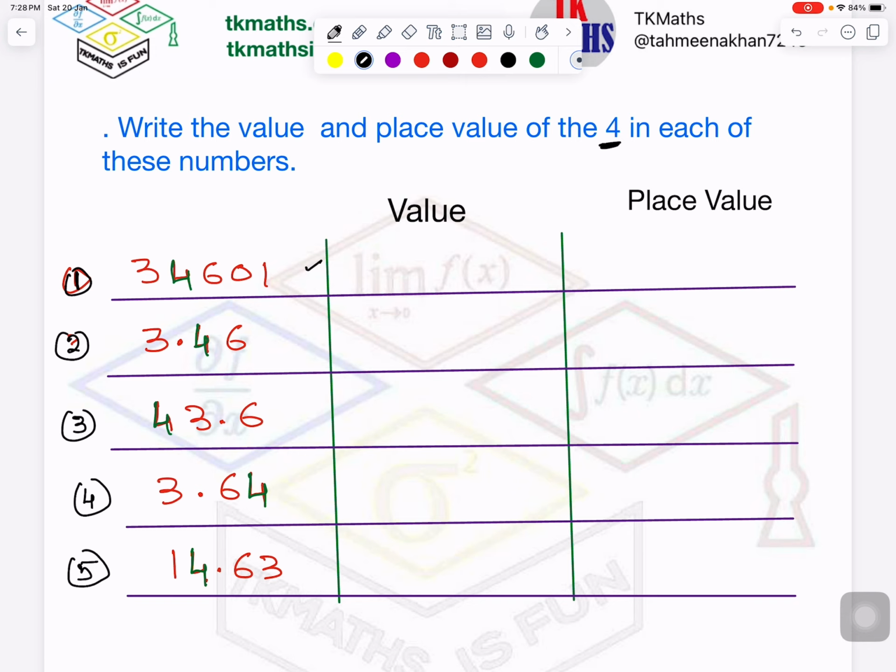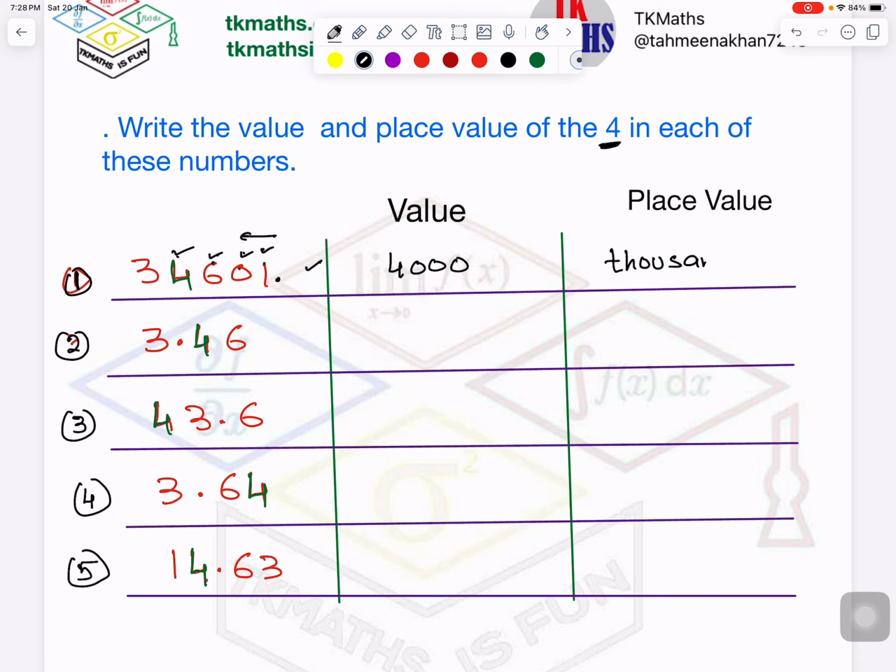There is no decimal point shown, so it is actually at the end. If you count on the left hand side, it is units, 10, 100, 1000. So the value is 4000, and the place value is 1000.